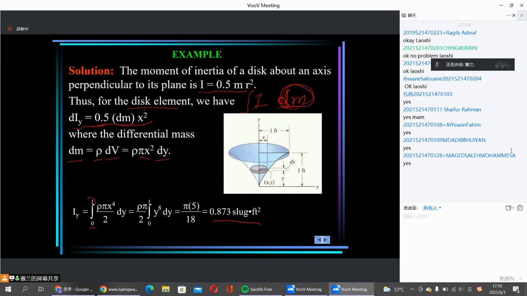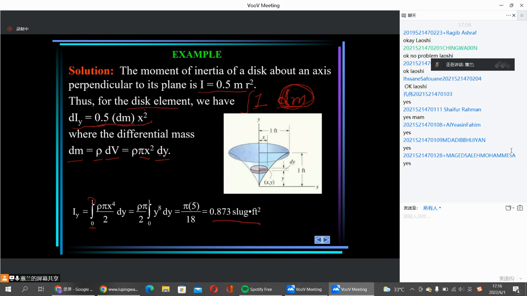So it's very important that you decide the differential element, then calculate the mass moment of inertia for the element, and then take the integration.